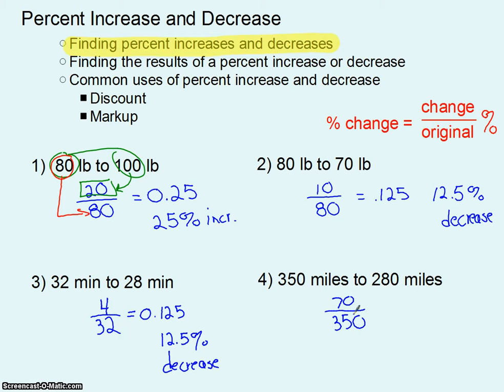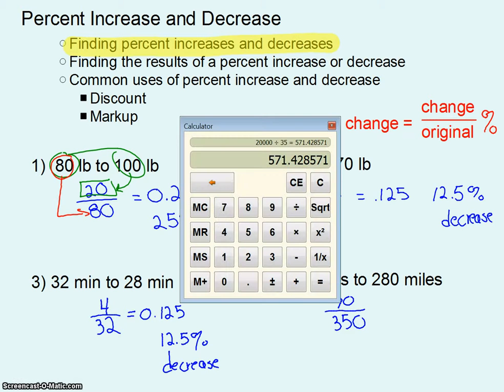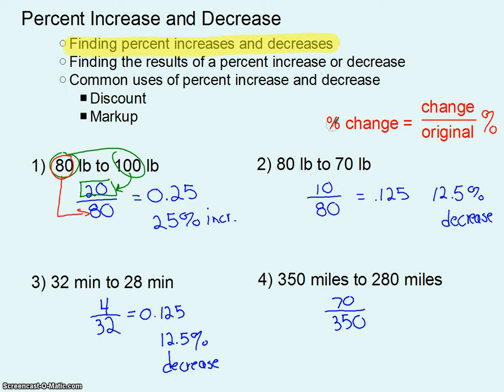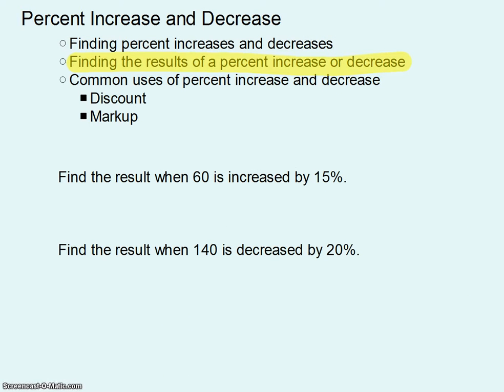Okay. How do you find out what percent that is? Divide 70 by 350. That is 0.2, which we'll write as a 20% decrease.